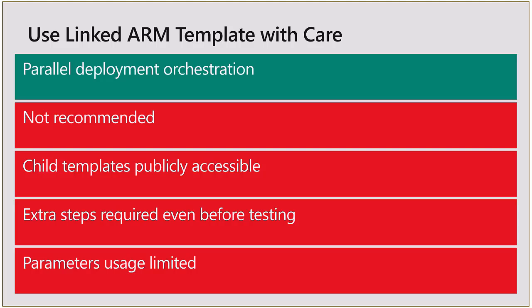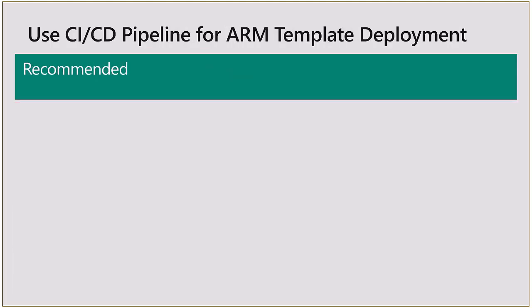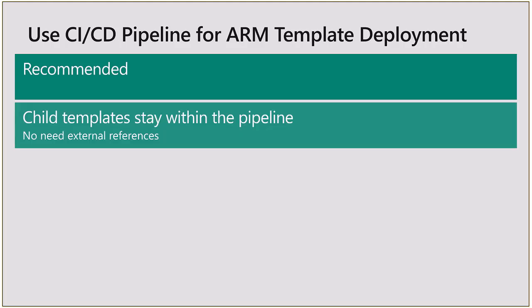So instead, I would suggest using a CI/CD pipeline to take care of that orchestration. If we use the CI/CD pipeline, specifically the release pipeline, we don't need an external reference for child templates.